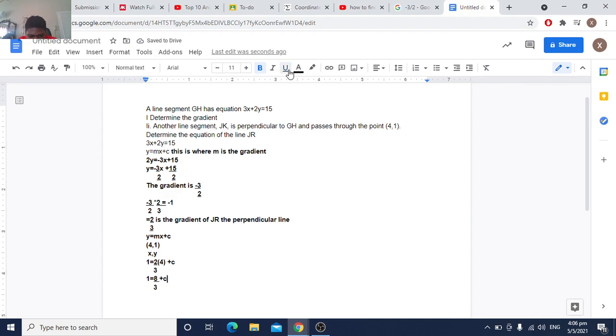Now we're going to try and find c, which is 1 subtracted from 8/3, equal to c. So it's 1 minus 2.67, which is equal to c.